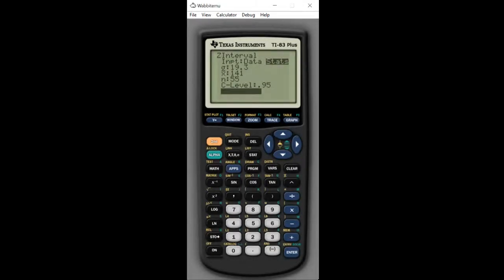Then I go over to calculate, and now we have a new one. So I have 135.9 and 146.1.